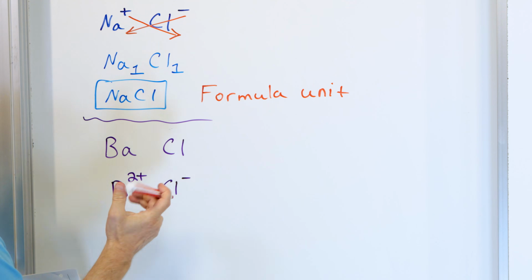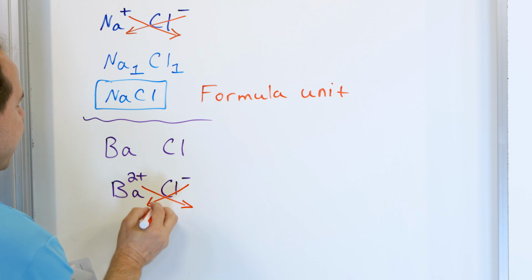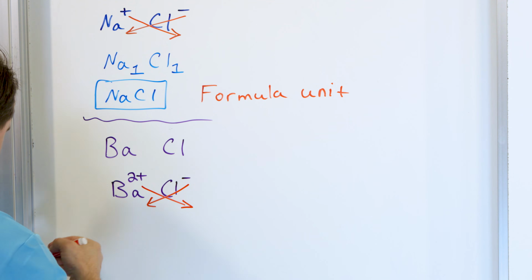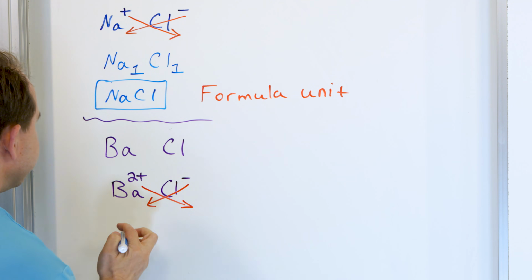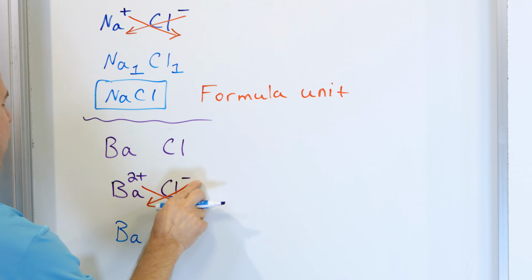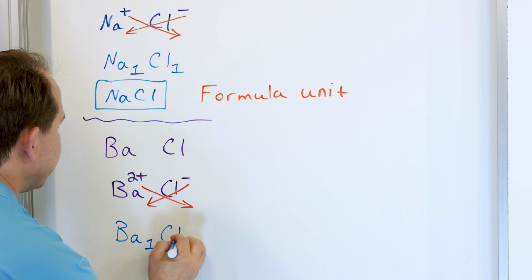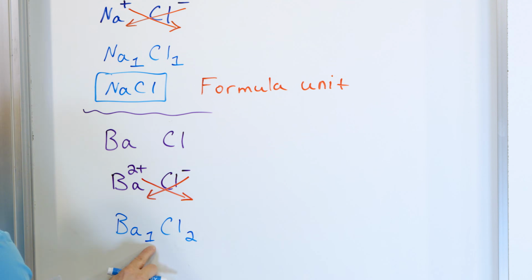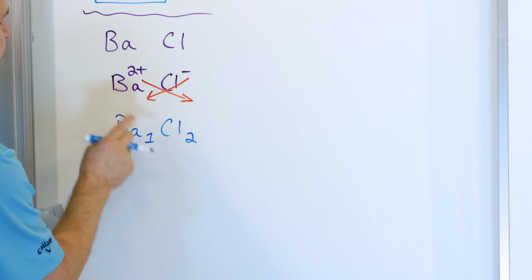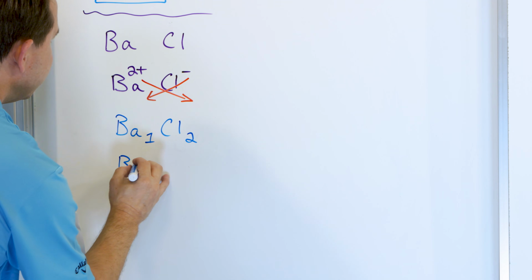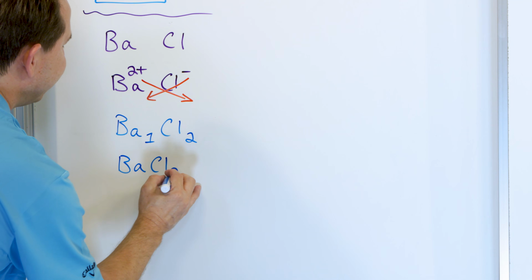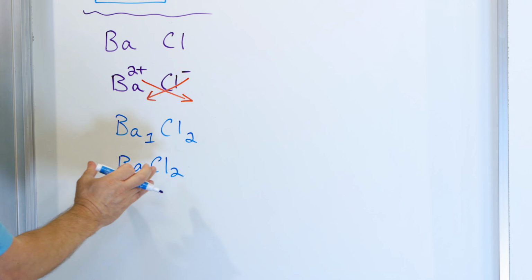So what you do is a crisscross: this 2 goes down here, and the 1 goes down here, and what you'll be left with is barium has a subscript of 1, and chlorine has a subscript of 2. But you don't ever write the 1s, you just drop that. So BaCl2 is the answer for this formula unit.